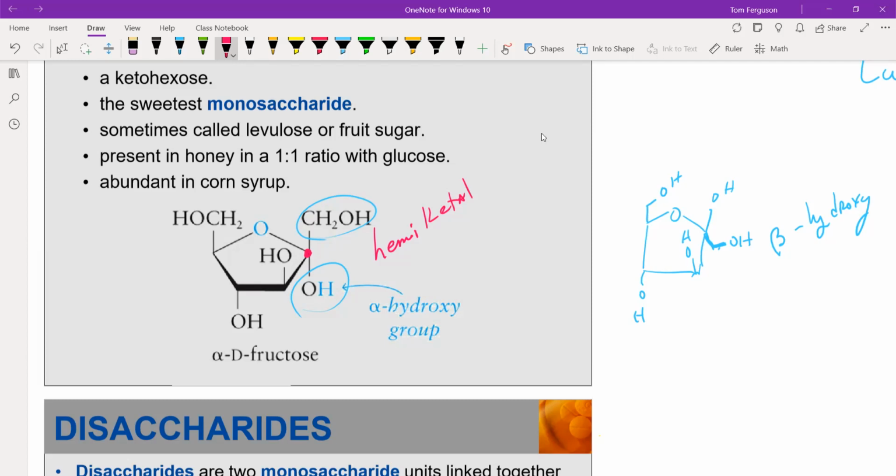So what fructose can do is it can actually act like glucose because it's a special circumstance. So the answer on the test should be, no, there's no hemiacetal.